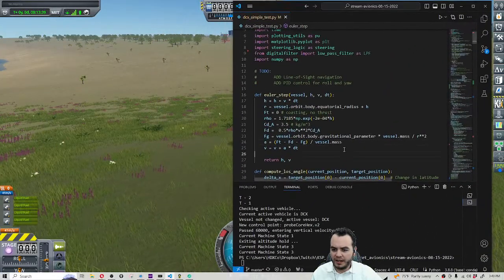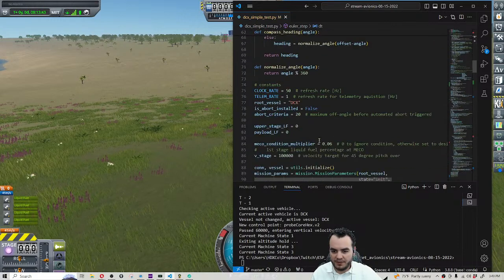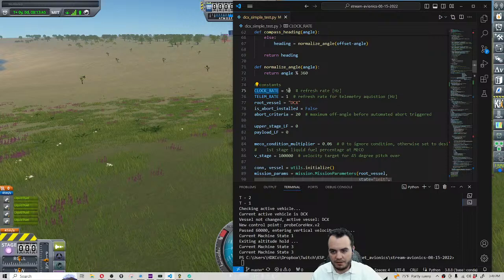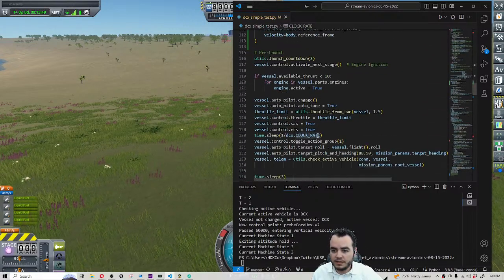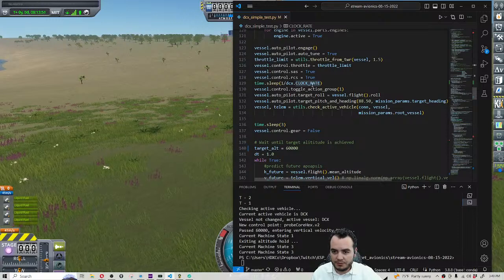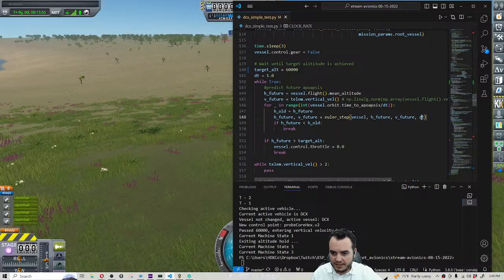So yeah, you were saying the delta T. Where did we define delta T? Because that's the clock rate of 50 hertz. So we're sleeping at a clock rate. DT.